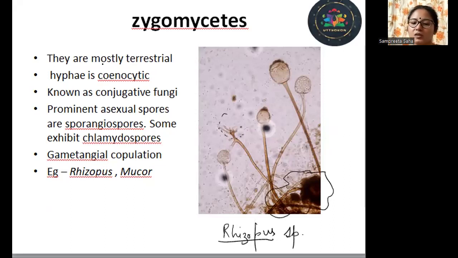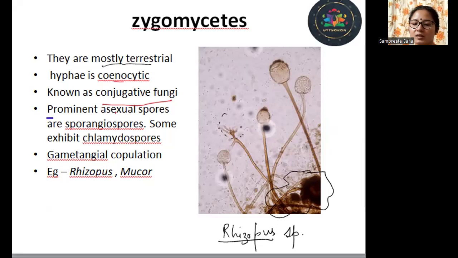So they are mostly terrestrial. The hyphae is cenocytic, that means multinucleate and aseptate, known as conjugative fungi. They reproduce by gametangial copulation and they exhibit conjugation and hence they are called conjugative fungi.